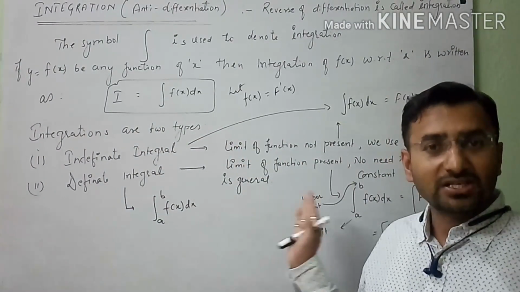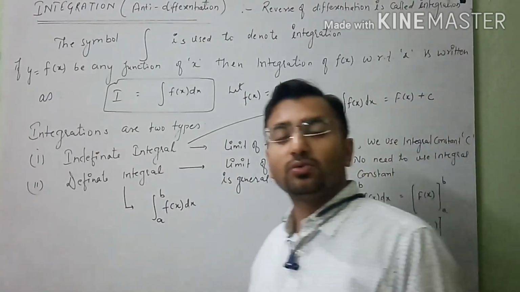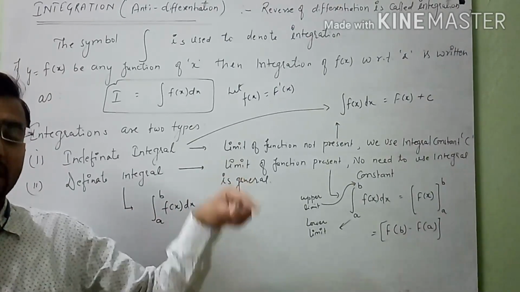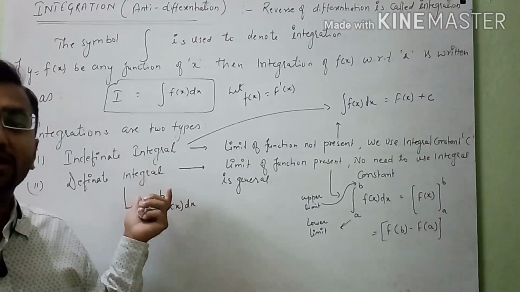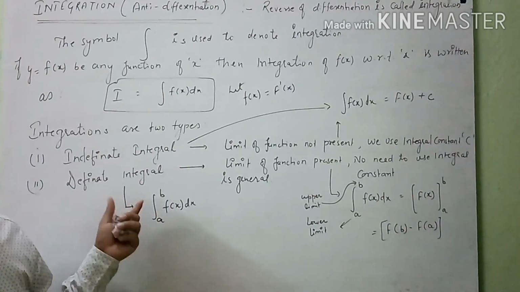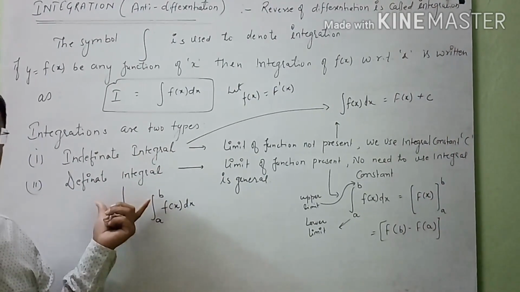But in some special cases, when we solve applications of definite integrals, we use the integration constant c, by which we can calculate the exact, definite value of the given integration. This is in mathematics, but in physics we will discuss only these two types of integration.